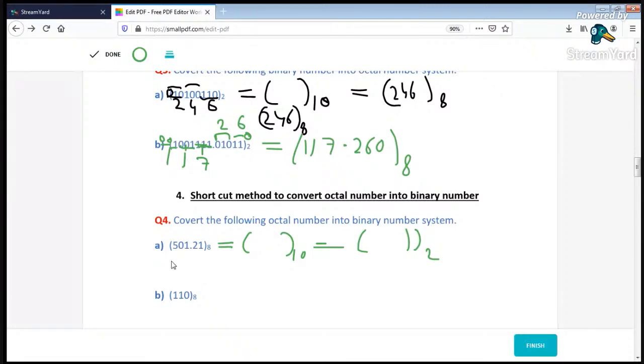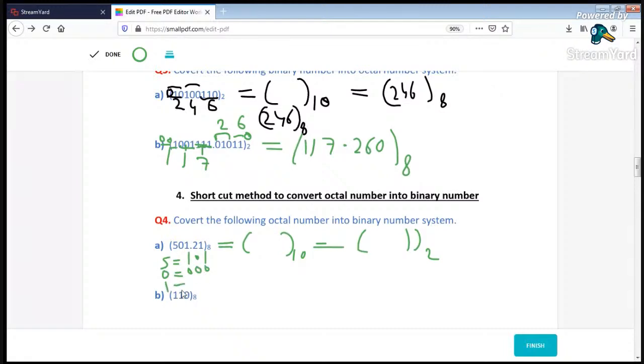See here, in an octal number, we write each symbol in 3 bits. So every symbol, you represent in 3 bits. So the binary representation of 5 in 3 bits will be 101. Similarly here 0, for 0 you will write 000.